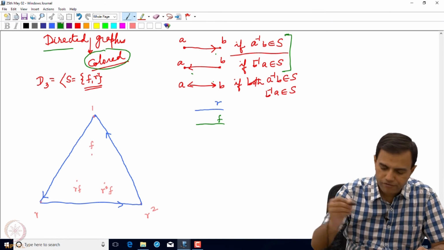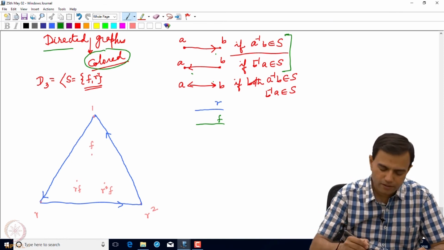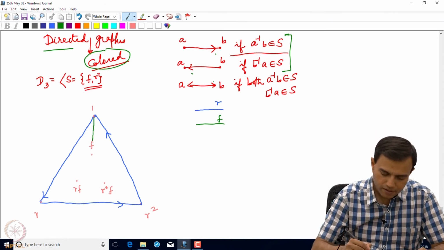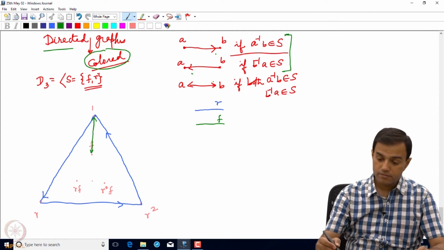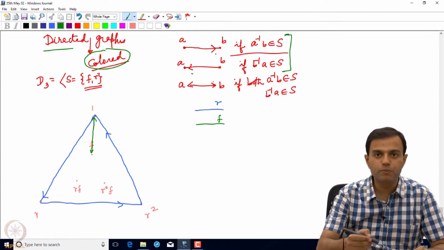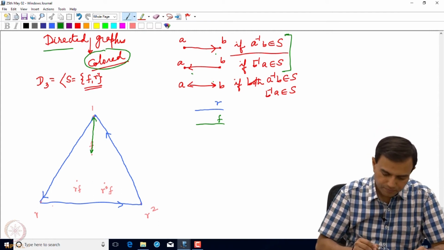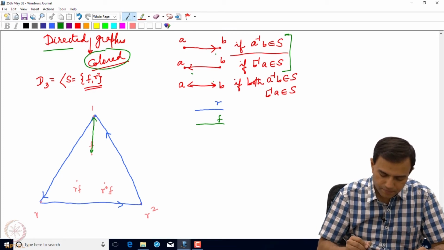Okay, what about F? F we have chosen green color. So the direction would be both sides, because F is the same as F inverse. F as well as F inverse both belong to S. Now F is there.